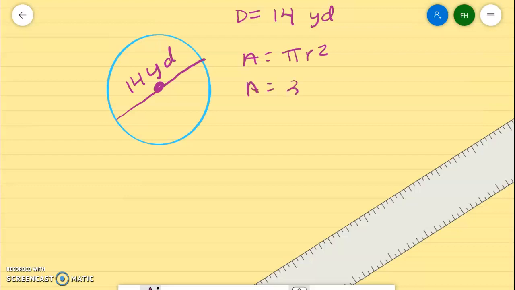We know pi is 3.14. We know the dad, or the diameter, is 14, but we want r, the kid. He's half of the dad. So that would be 7 squared. That's important to know. Don't use the 14. That's the diameter. Times 3.14. So that would be 153.86, rounded to 153.9, and it would be square yards.